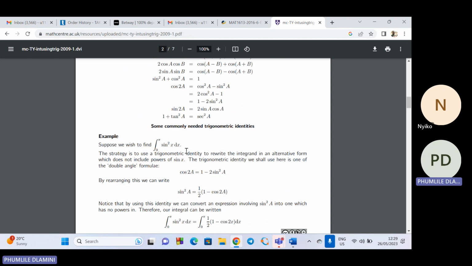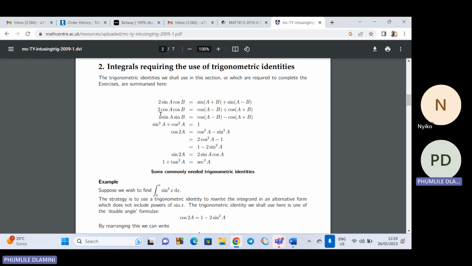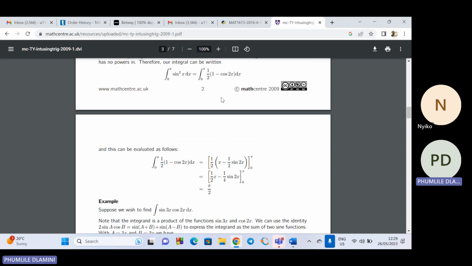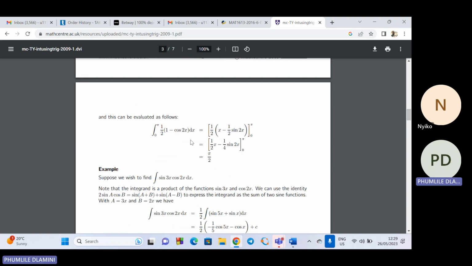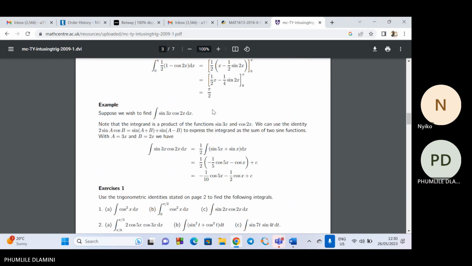And here they wrote some of the identities: cos 2a equals cos squared x minus sine squared x, which equals 2 cos squared x minus 1. They try to write all those identities, like tan x, which you have to know. Then when you take it, you will see exactly 1 over 2 x minus 1 over 4 sine 2x. This is exactly what we get. This one is just the definite integral. So that's how it works.